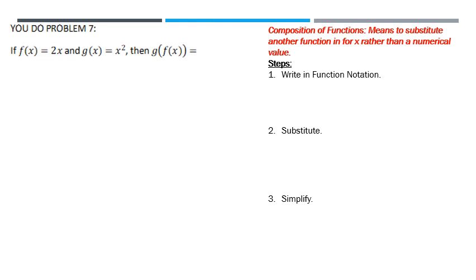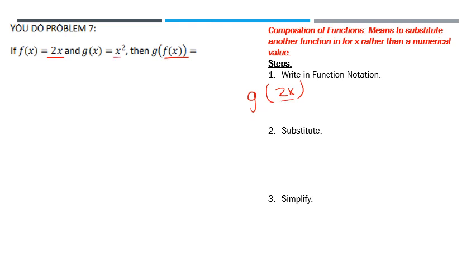All right, let's see how you all did. So again, first thing is write in function notation. This time, you are composing f of x into g. So we have whatever f of x is, which is 2x. So you should have g of 2x, right? Now we're going to substitute 2x into wherever x is in x squared.